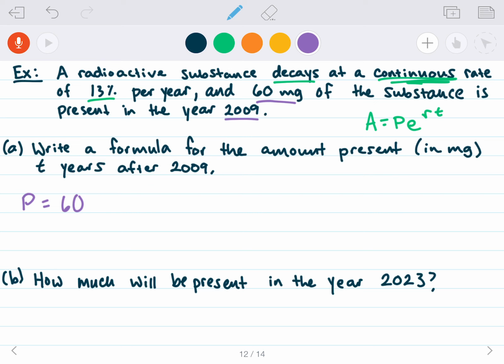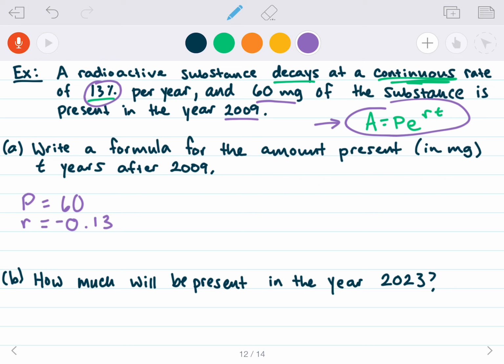I know that I'm going to be using this formula right here. So the only other thing missing is r. What is r? Well, 13% as a decimal is 0.13. But remember, with continuous compounding, you want to make sure to attach a negative to it if it's decaying or shrinking. So I'm going to attach a negative here.